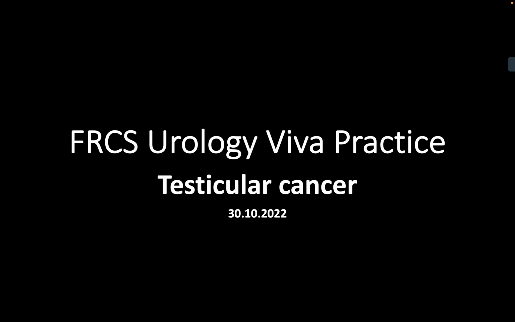So you are sitting in the MDT afterwards. The pathologist says that it is a 2.8 centimeter seminoma in the upper pole of the left testis, the specimen. What other parameters do you want to know from the pathologist?